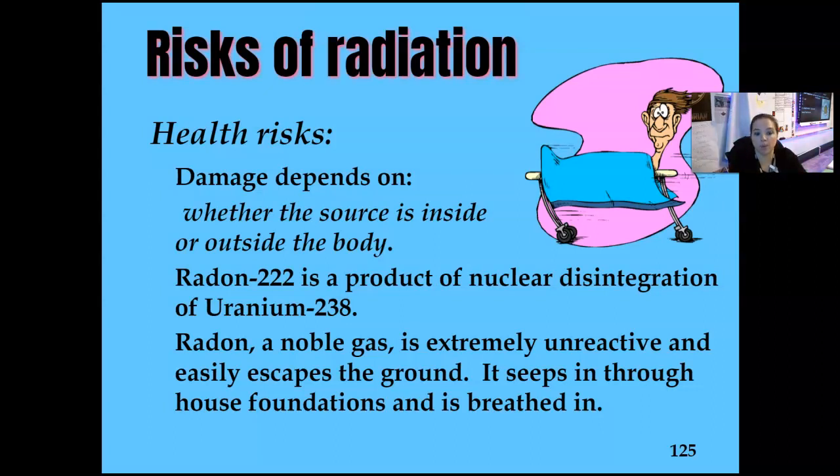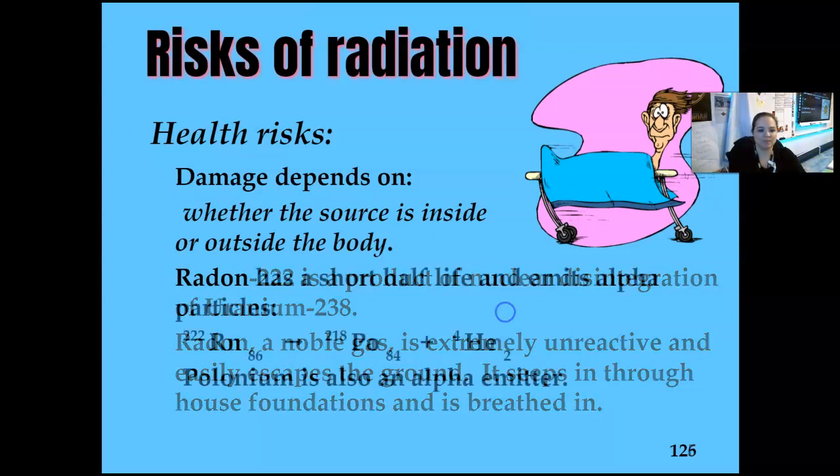It seeps up into house foundations, and then it's breathed in. But here's the thing: radon-222 is an alpha emitter, so it gives off alpha particles in a nuclear decay. If you breathe it in, remember from the slide before, alpha particles are stopped by skin. So it can't get out. It's stuck in your lungs. Not good.